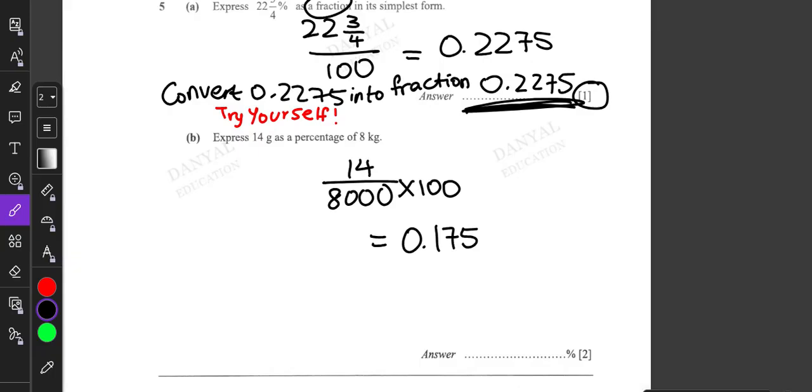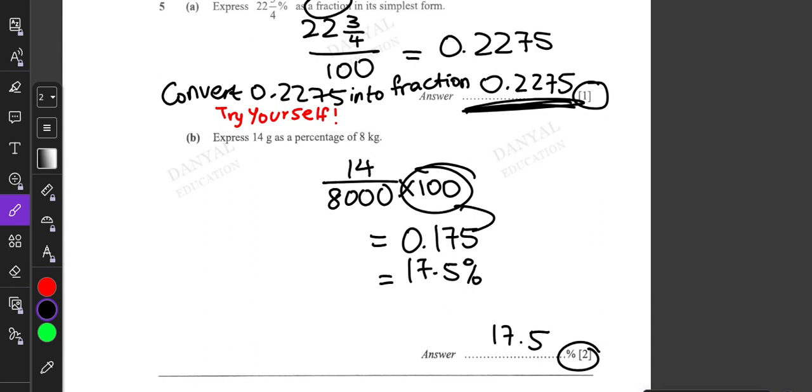So it'll be 17.5%, because you need to times 100. You need to factor in the 100, because a percentage cannot be 0.175, so that will be a rejected answer.